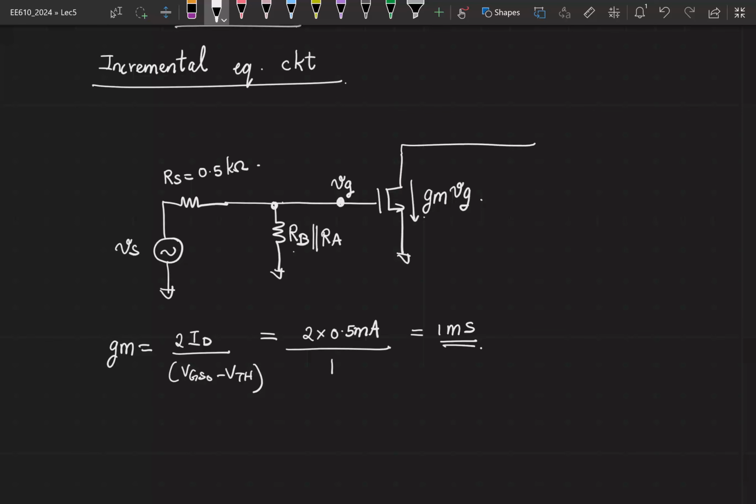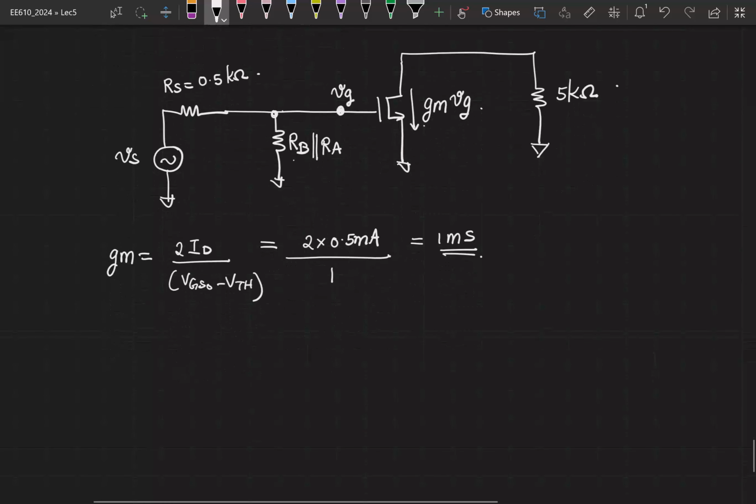Right? And what is the load resistor? How much is that value? 5 kilo. Okay. So the value of the incremental fluctuation appearing at the gate is Vs into, can you quickly tell me what is RB parallel RA? How much is that?